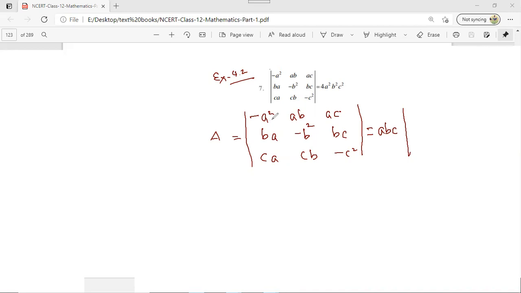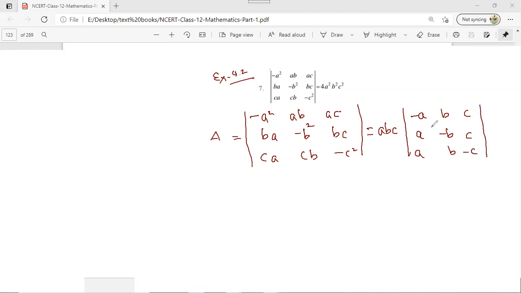So a square, ab and ac: one a is taken out, so minus a, b and c is left. Here you are taking b common from the second row. b is taken out, a is left. From b square, one b is gone, from bc, c is left. From the third row c is taken common. What is left? a, b and minus c.